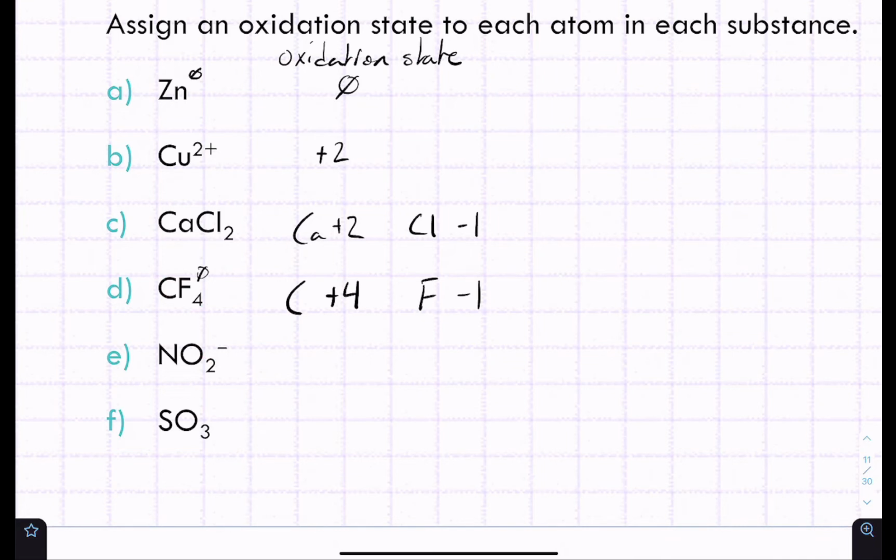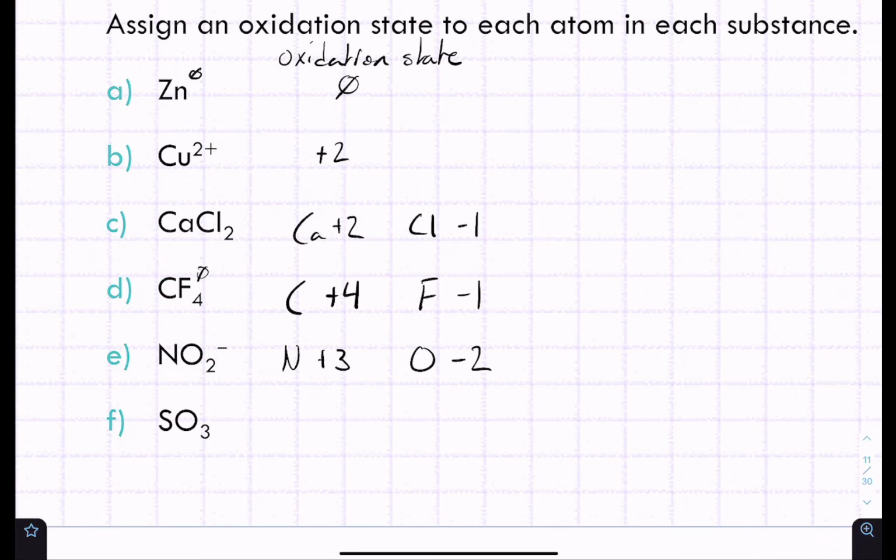So nitrogen will have to be, oh yes, sorry. I was going to say, because there are 2 oxygens, a total of -4, +3 for nitrogen means that we have a total of -1.